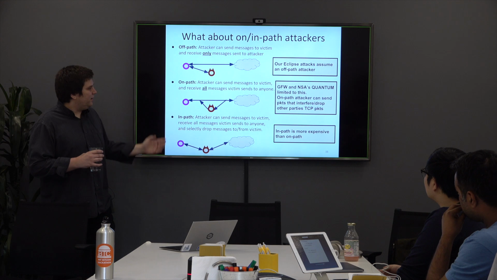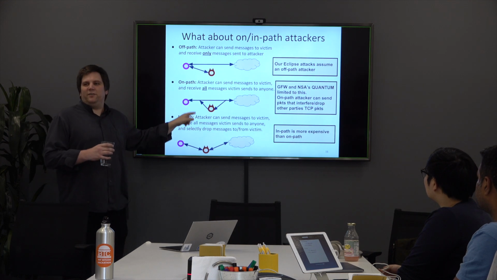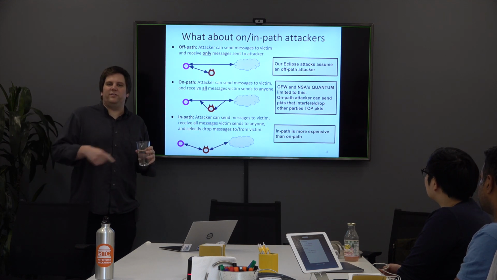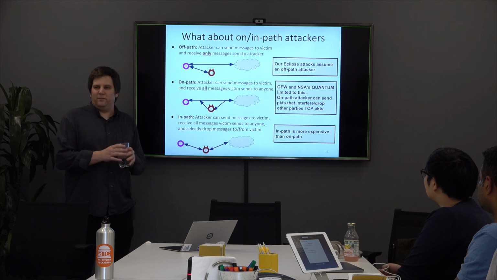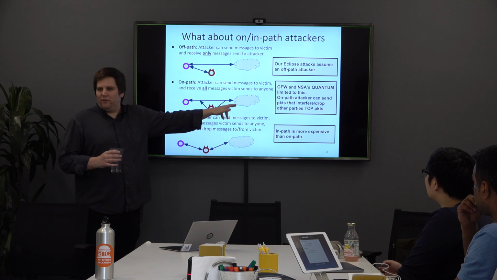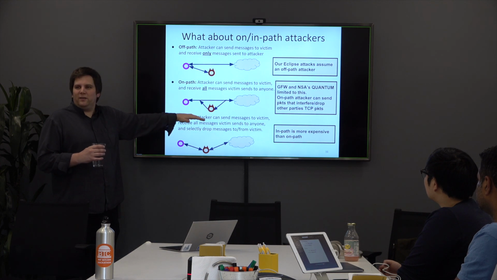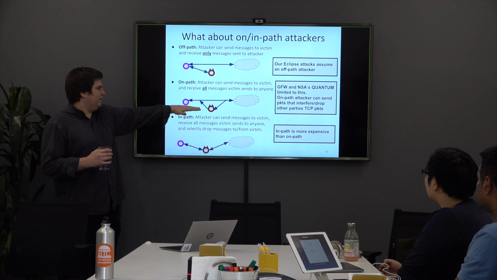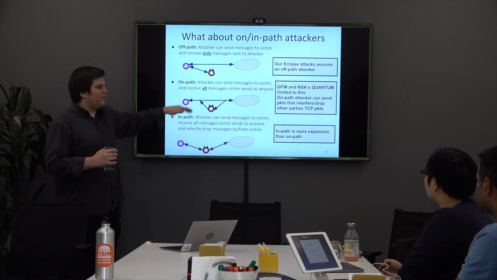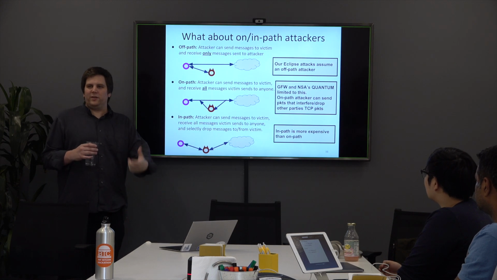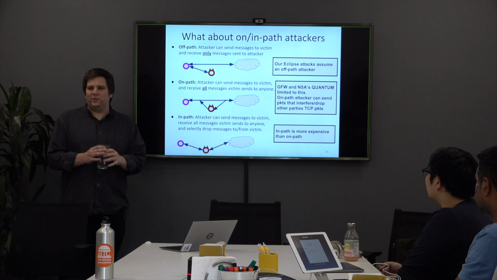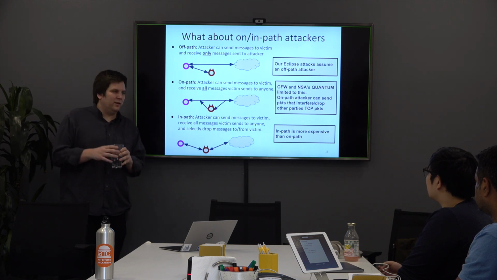But with TCP, you can just inject reset packets or other packets that break the connection when they arrive at this end. So it's similar to an in-path attack in that, in practice, you can actually interfere with connections and break them, but you can't just say this packet never arrives.